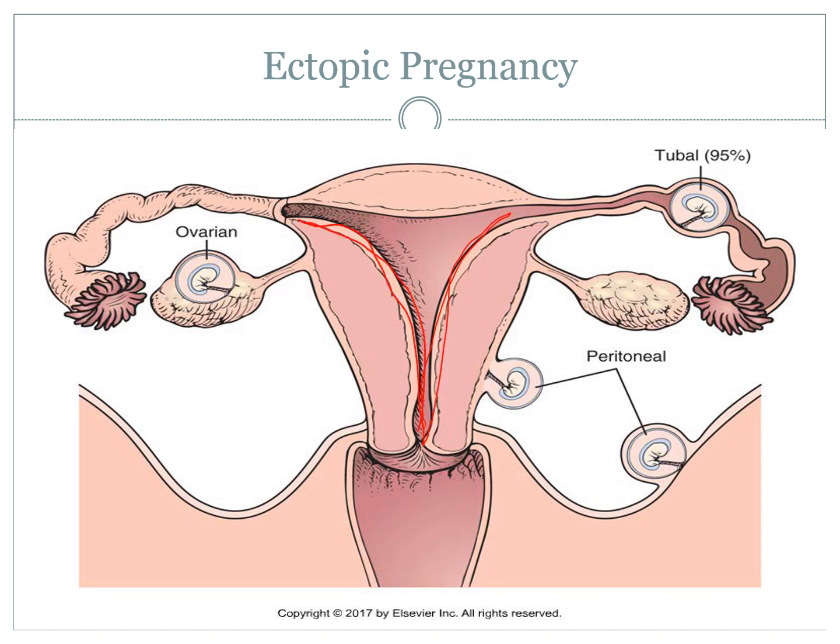So the most common area is the tubal, okay, because as it starts to get larger and moves through the fallopian tube, the scarring blocks it, or it gets blocked and then starts implanting in the wall and then starts to grow. That's the most common site. The other one is you can actually have implantation on the ovaries as it shoots from the actual fallopian tube. It can essentially get stuck on the side of the ovaries, and then you have your peritoneal ones as well in the abdominal cavities.